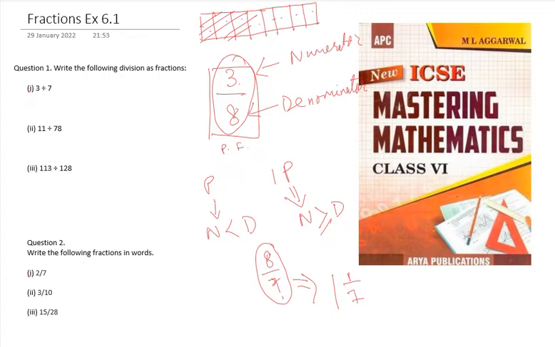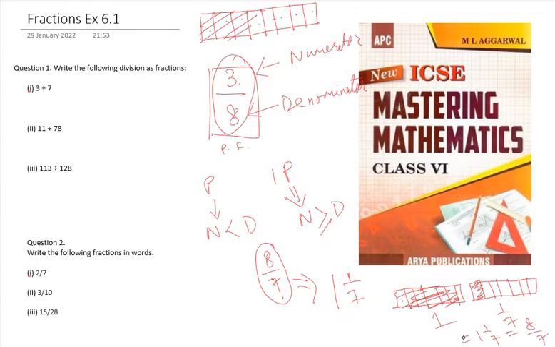Similarly, if I have 8 by 7, it means one complete thing is taken and then there's another one. So this whole thing is shaded along with this one part. So this is 1, and this is 1 out of 7. So this is 1 by 7, which is also written as 8 by 7.